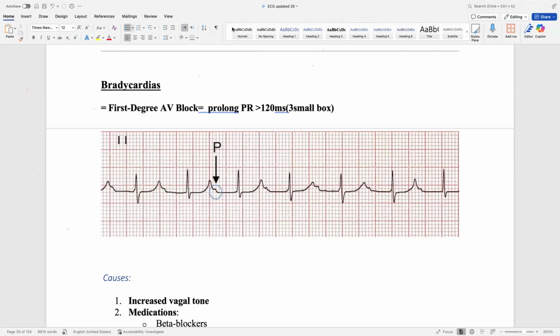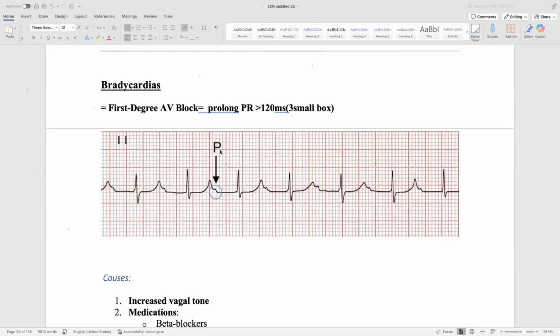Again, if everything is normal, the P wave, the PR interval, and the rhythm between the QRS, but the rate is low, what do you think? Any problem in the rhythm, in the pathway of the electricity?